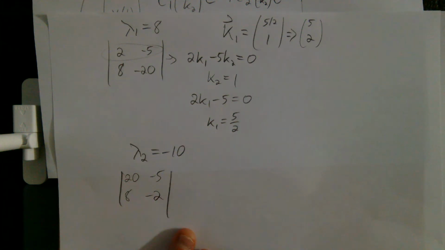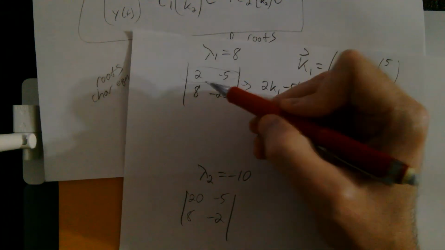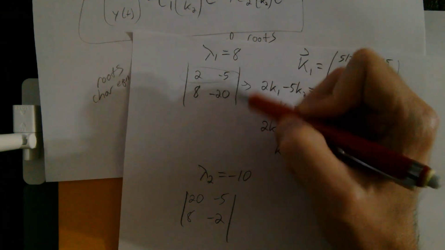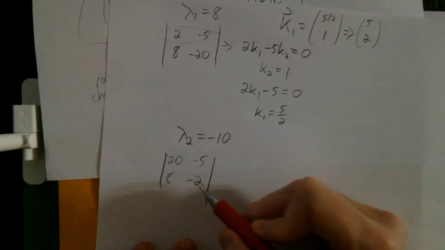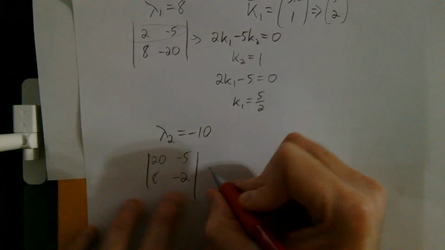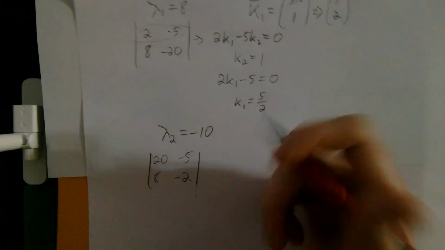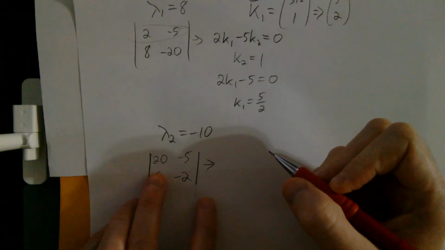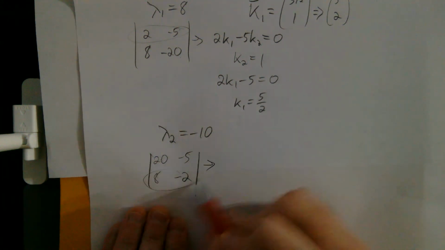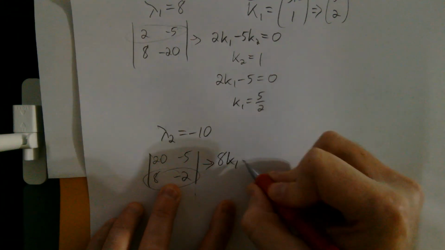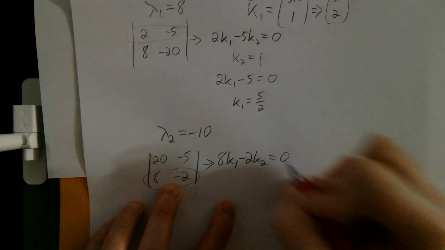They almost look the same, but not quite. Oh, I'm sorry, I said that wrong. This is times 4, times 4. This is times 2.5, times 2.5. Okay, so anyways, they're scalar multiples of one another, right? So let's pick the bottom row. 8k1 minus 2k2 equals 0.